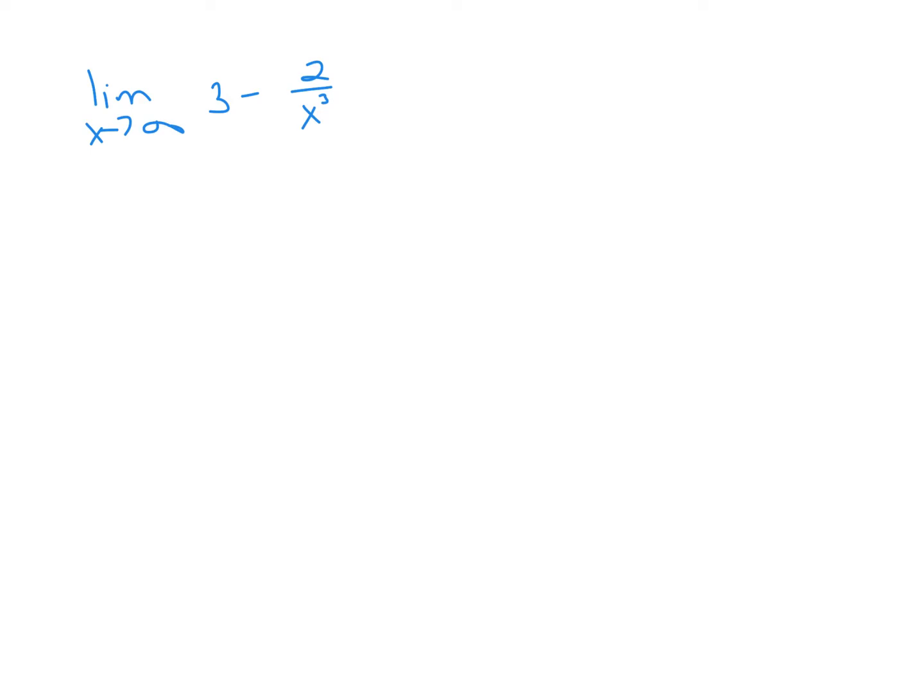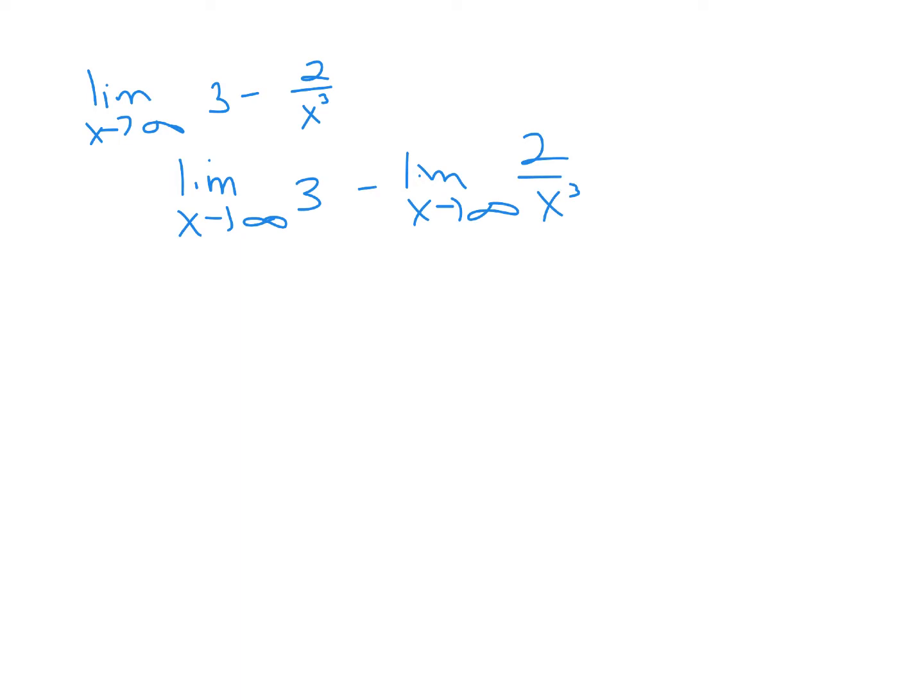Alright, for example, limit as x approaches infinity of 3 minus 2 over x cubed. Let's see if we can find this answer. So what I recommend, before adding or subtracting limits, separate this into two limits. Okay, so limit as x approaches infinity of 3 minus limit as x approaches infinity of 2 over x cubed.